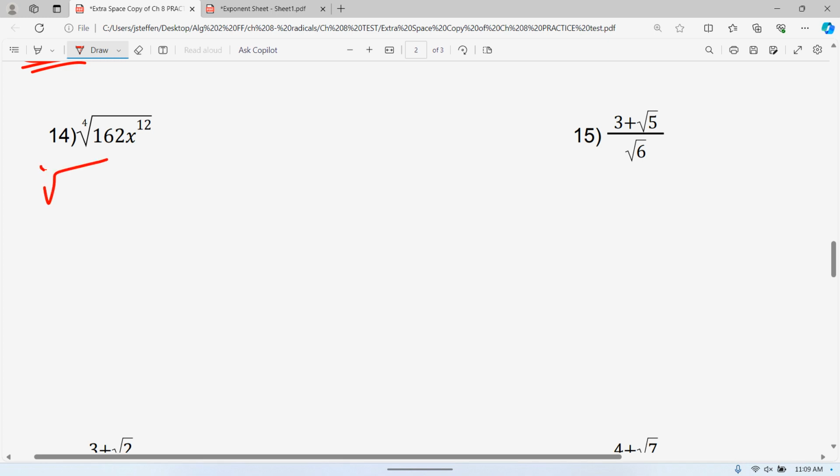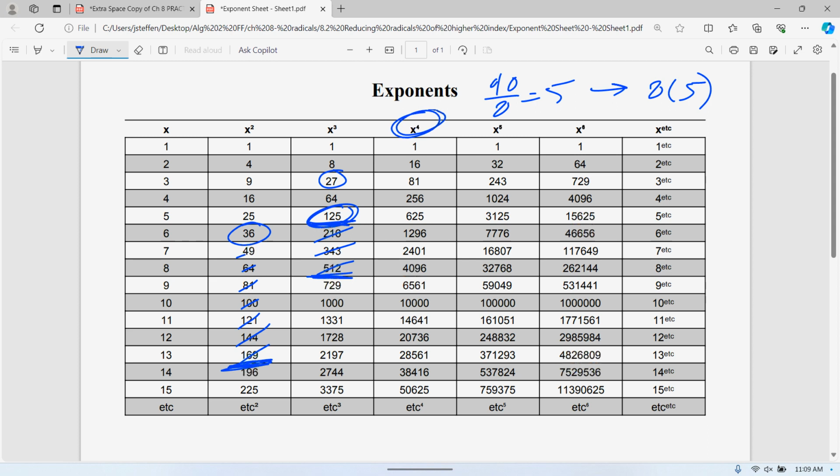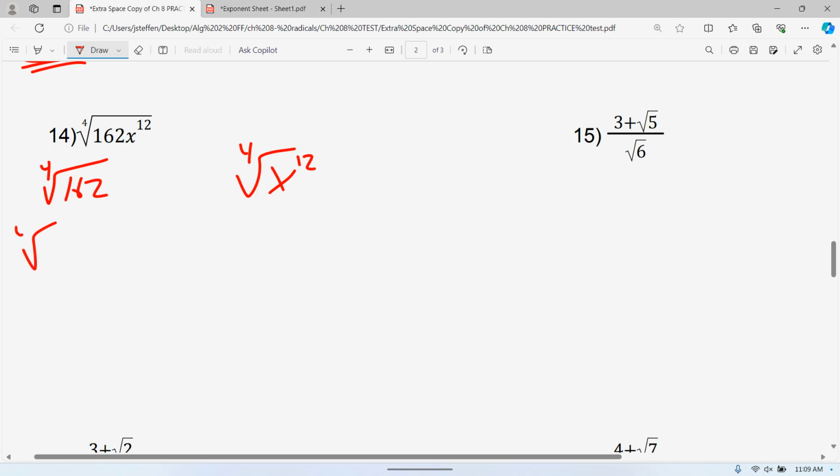Reducing this is just the 4th root. So I split it up, 162 and the 4th root of x to the 12. The first one is 81.